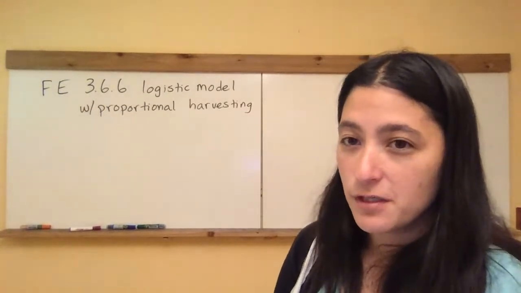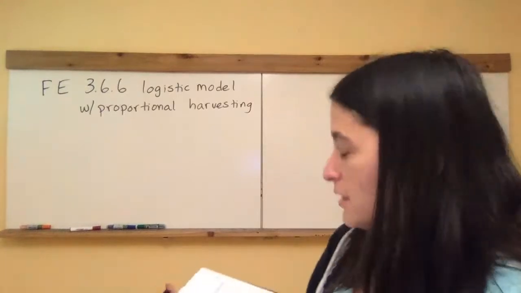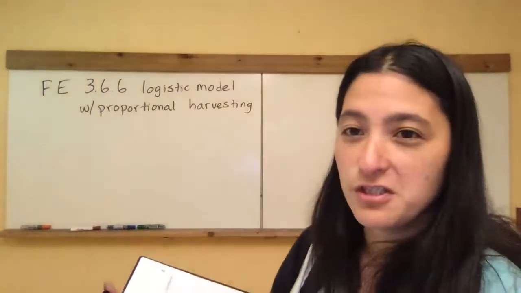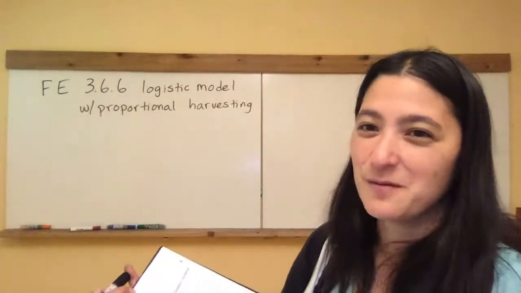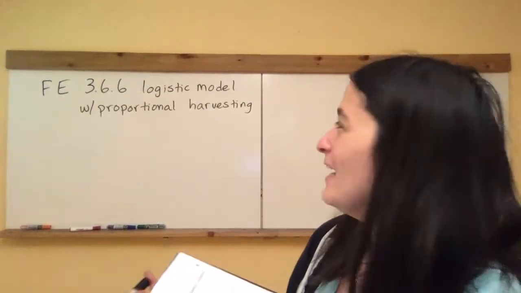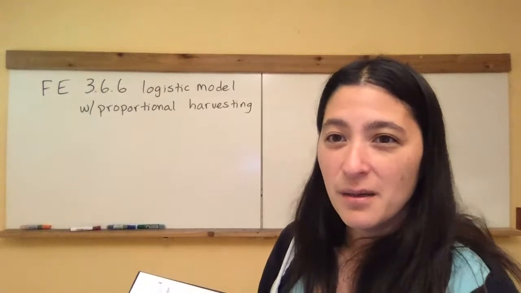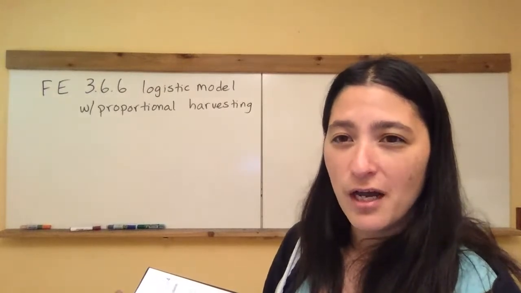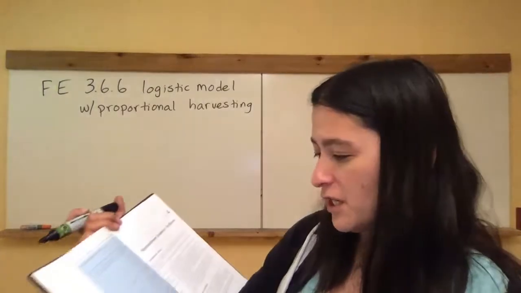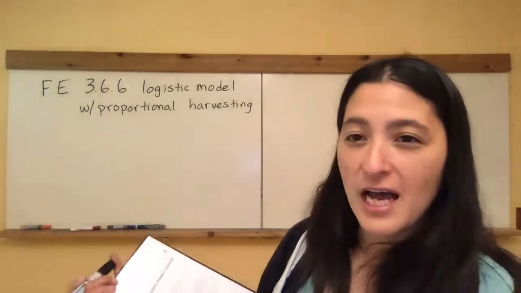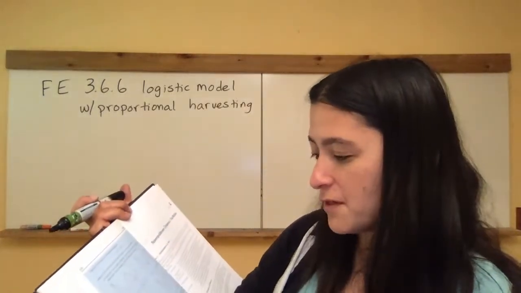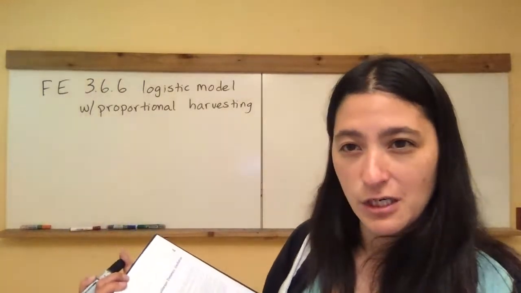Now's the time where I really want to hear from you, because I'm going to try to write the differential equation for this system. That's what part A tells me to do. And I know how to write down the logistic model. I've been doing that for a while. But how am I going to describe mathematically the concept of a fraction h of the population being hunted each year?